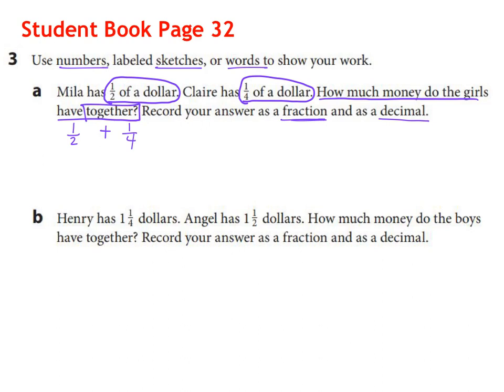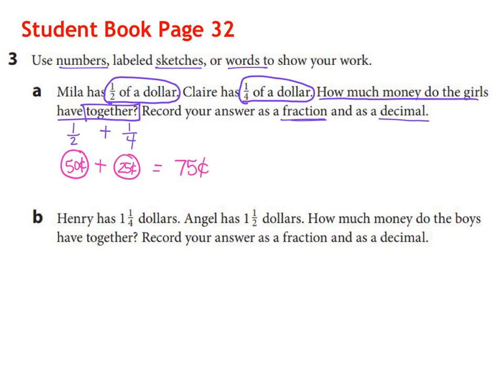I personally like to use the coins, so I'm going to draw my 50-cent piece here. And 1/4 of a dollar, I know that that is a quarter. So I'm going to add 50 cents plus 25 cents equals 75 cents.